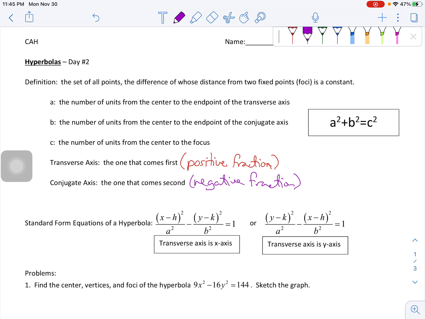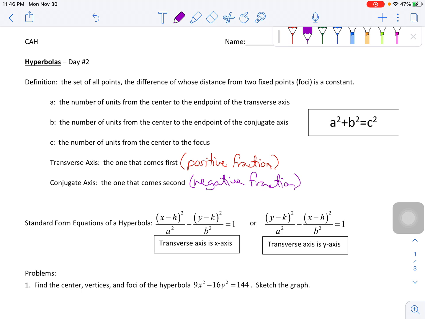All right. So standard form, which is the one we've been working with, is: you've got your h, k, your a squared, your b squared, it's subtraction, it's always equal to 1. Same thing when your transverse axis is on the y-axis: h, k again, a squared, b squared, subtraction, equal to 1.